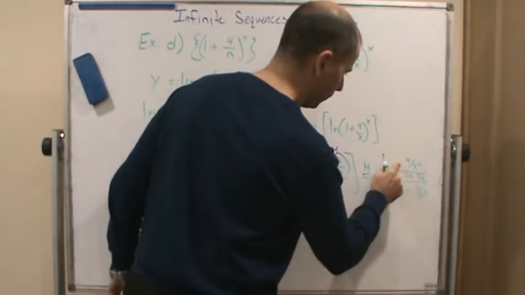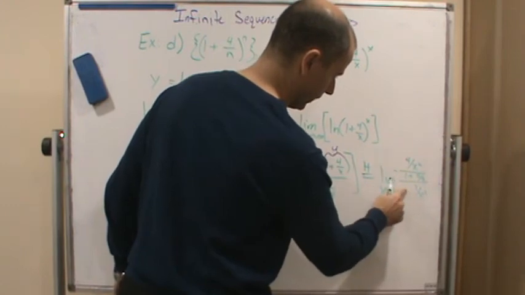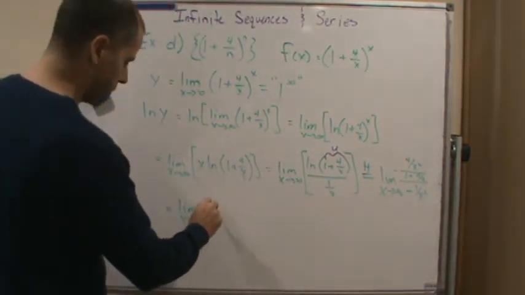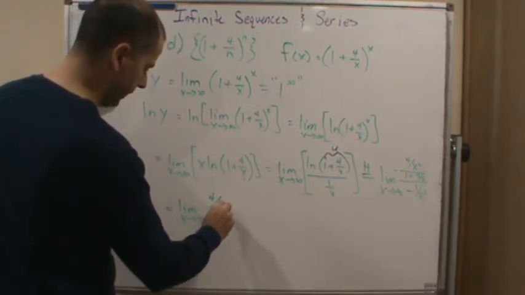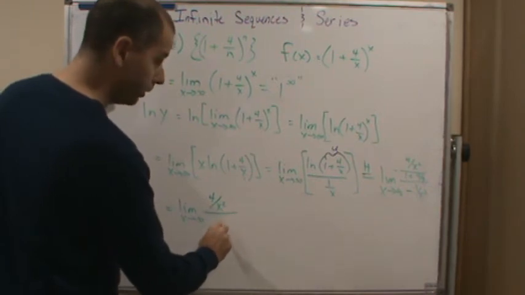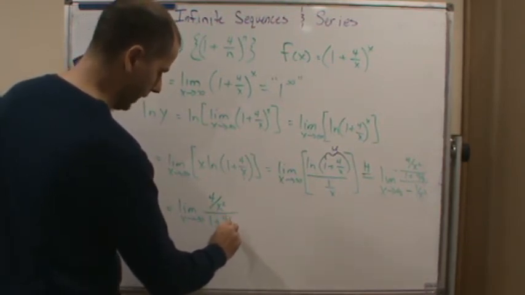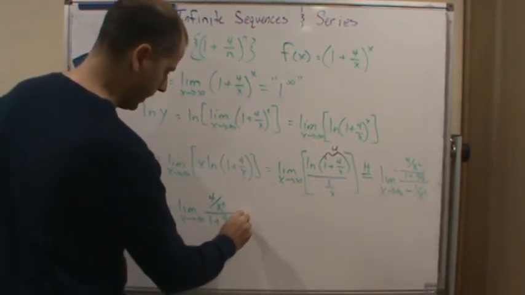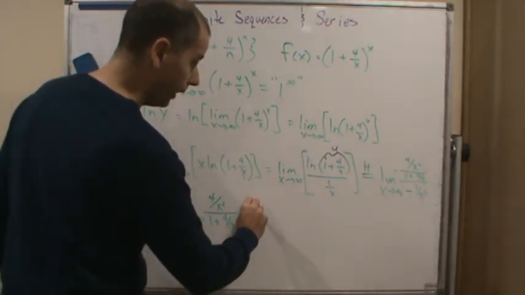So we're going to get 4 divided by x squared over 1 plus 4 over x, times x squared over 1.